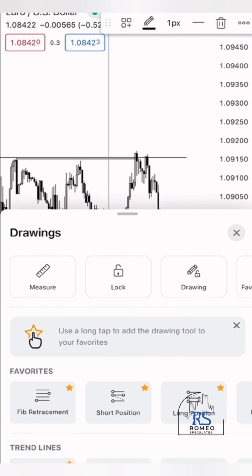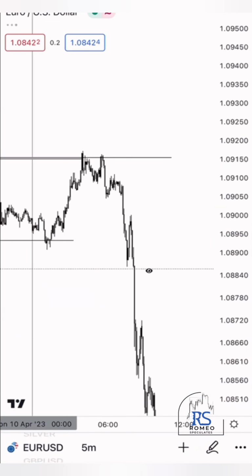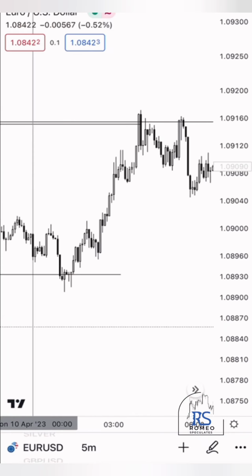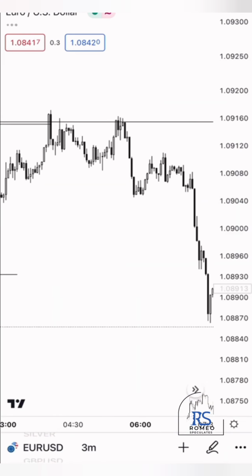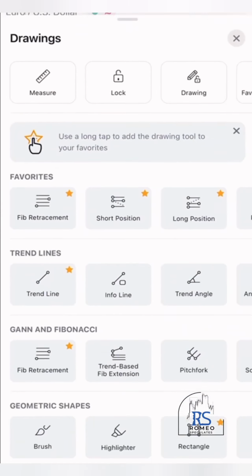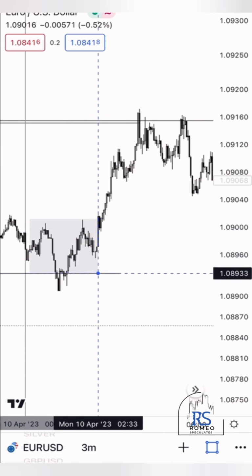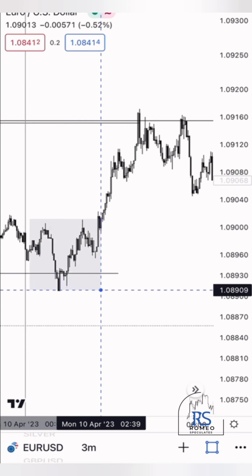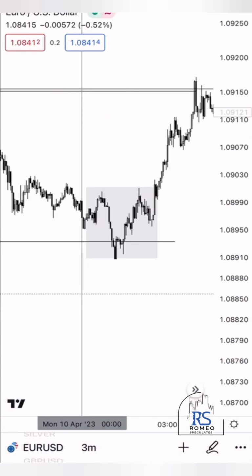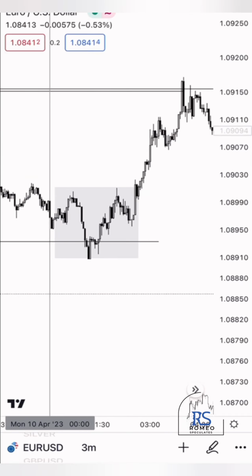Accumulation. Three-minute, more clear. Accumulation down here, right? Leaving behind this liquidity pool down here, right?